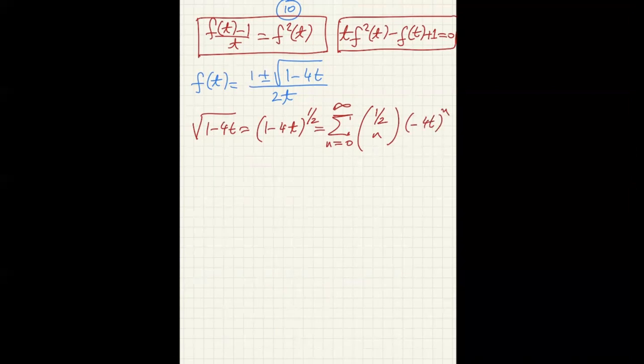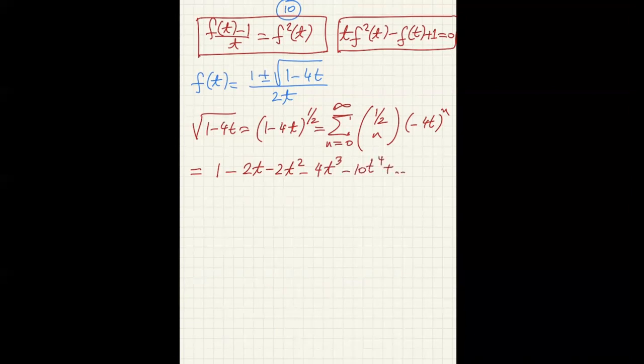And you can expand a few terms. So the n equals 0 term is going to be 1. So the first term is going to be 1, and then you get minus 2t minus 2t squared. This requires some calculations, but you can do it using the formulas for the binomial coefficient and so on.